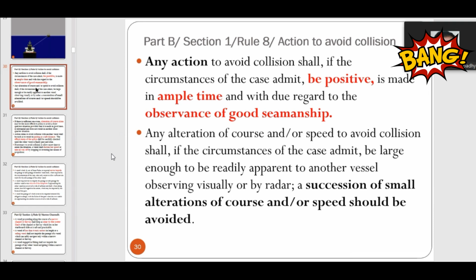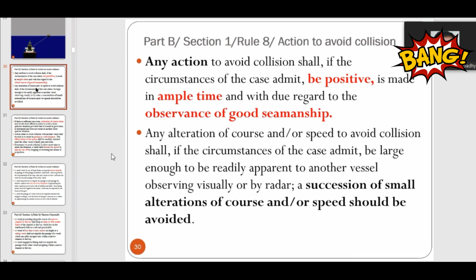The first part of this paragraph is telling us regarding the action. If that action consists of either alteration of course and or speed, it should be large. That means if you are altering course for avoiding a collision, it should be large enough. Or if you are reducing speed, that should be large enough, not, for example, just altering 2 degrees, 5 degrees like that.